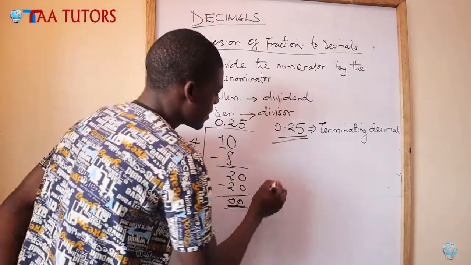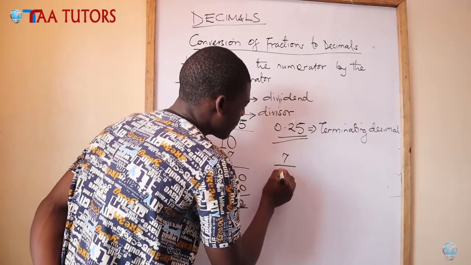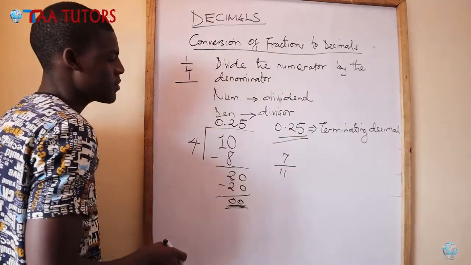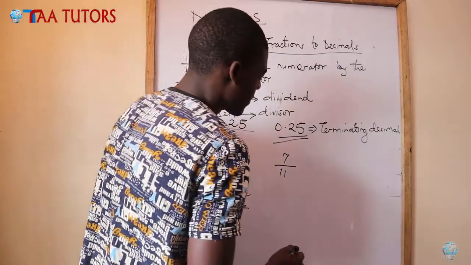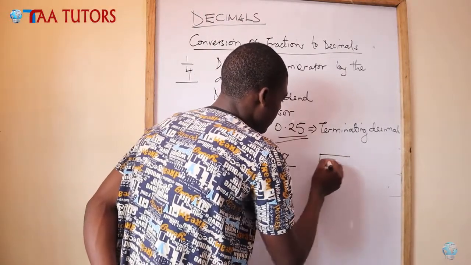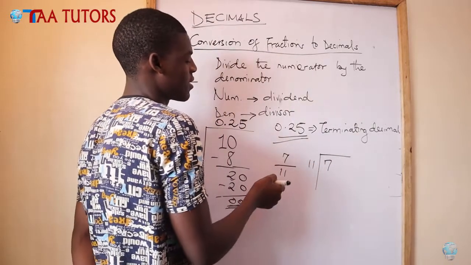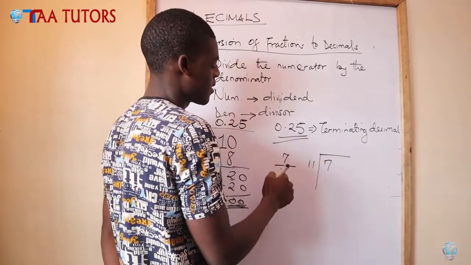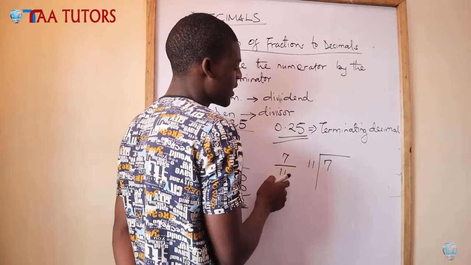The other one, as you can see, when we convert 7/11 to decimal, we can do the conversion. We'll have 7 divided by 11, because I said the numerator is the dividend and the denominator is the divisor.